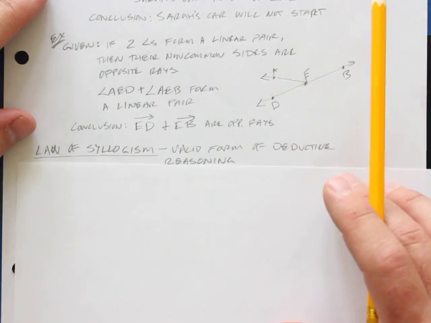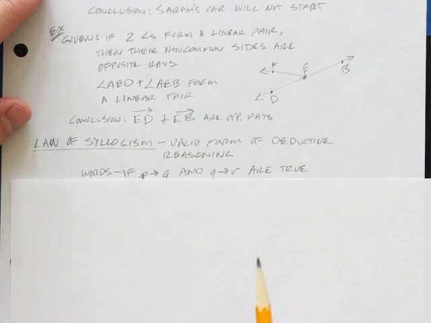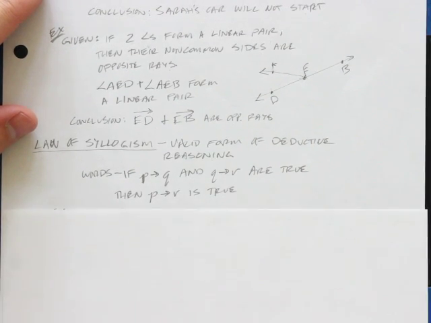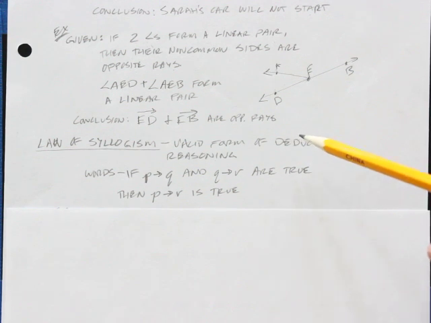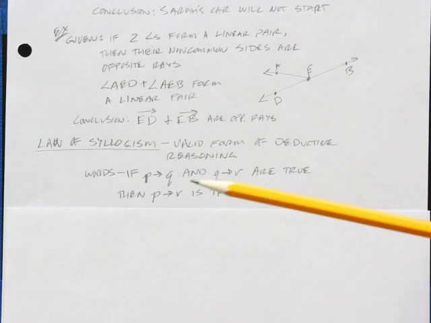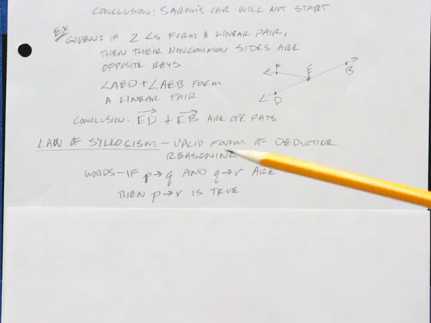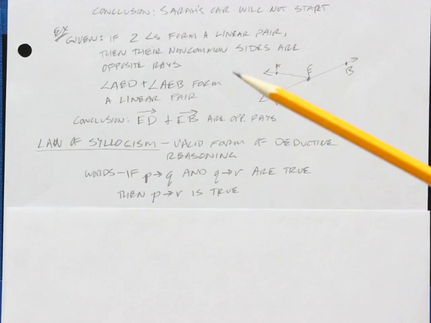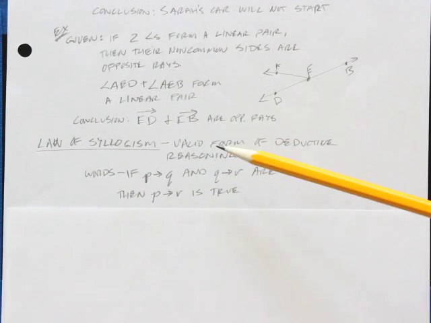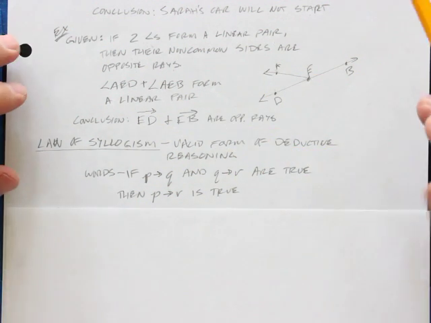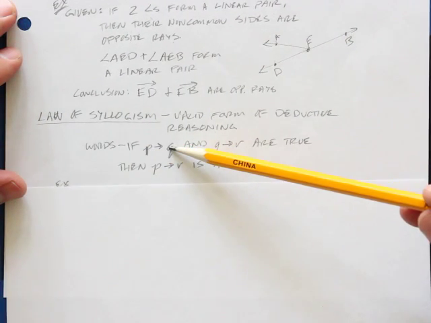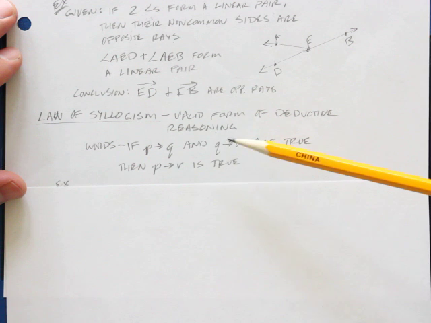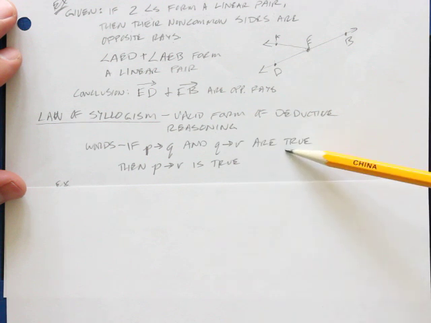All right. Now let's go on to this law of syllogism. All of this stuff you're going to see again, but this law of syllogism comes back pretty often. So I'm pretty sure this is on the test, and anyway, it comes back quite a bit. This is a form of deductive reasoning, and what this says is if P then Q and Q then R are true.